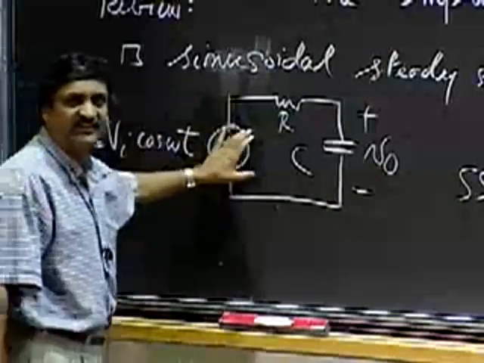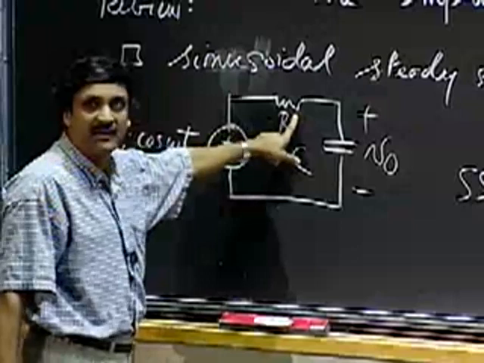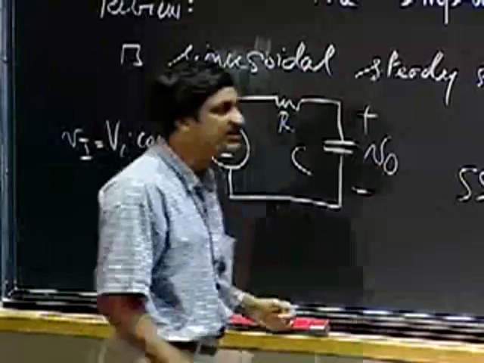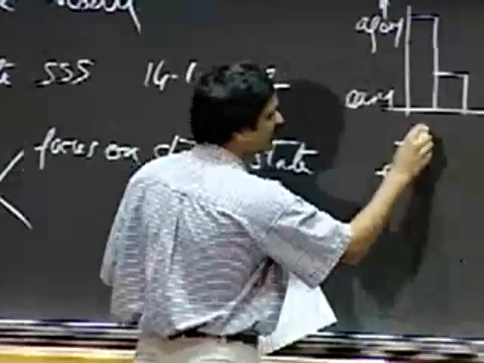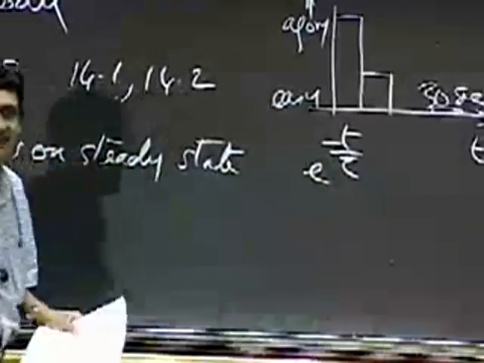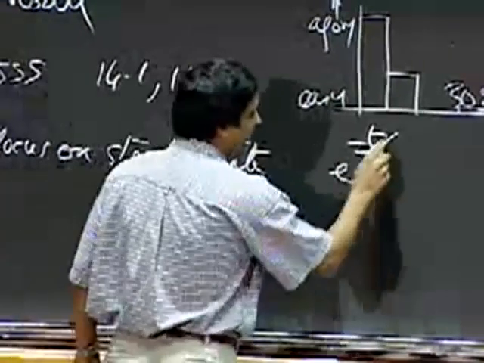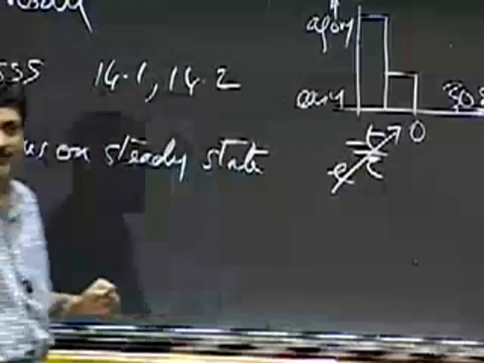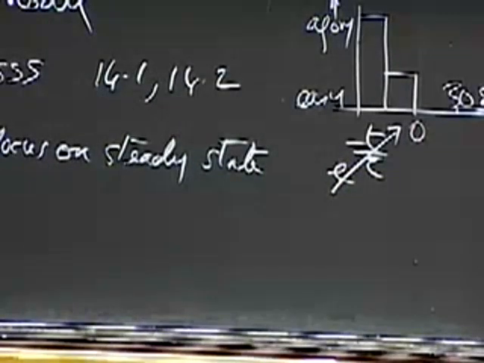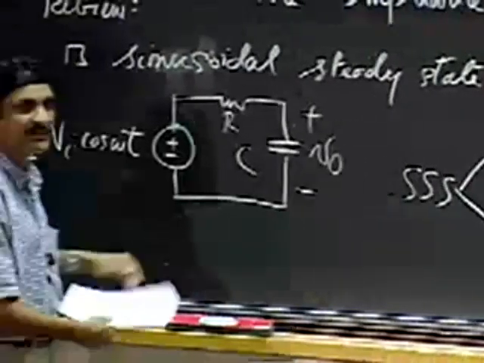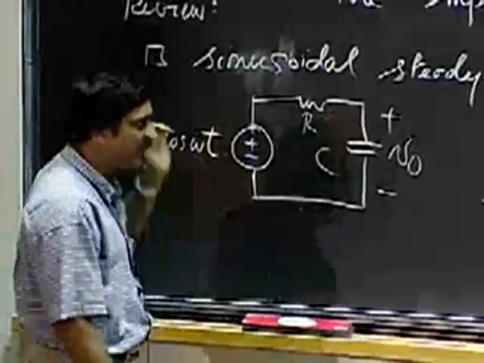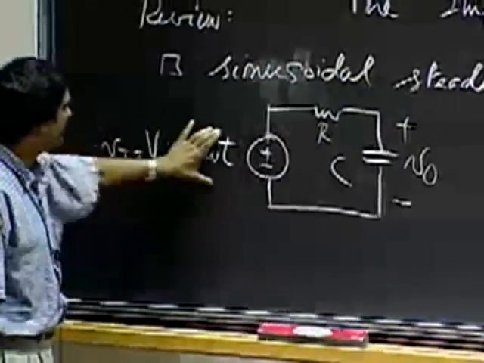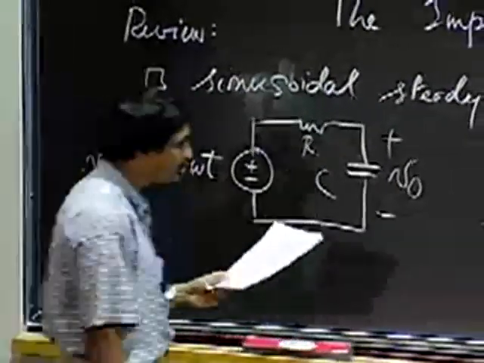For most of the circuits that we consider, because of the presence of any resistance, the homogeneous response usually would die out, because the homogeneous response is usually of the form e to the minus t by tau. And as t goes to infinity, this term tends to go to 0. So we're just looking at the steady state, and therefore, because of the circuits we look at, we can ignore the homogeneous response. All we're left to do is to find the particular response to sinusoids of this form.